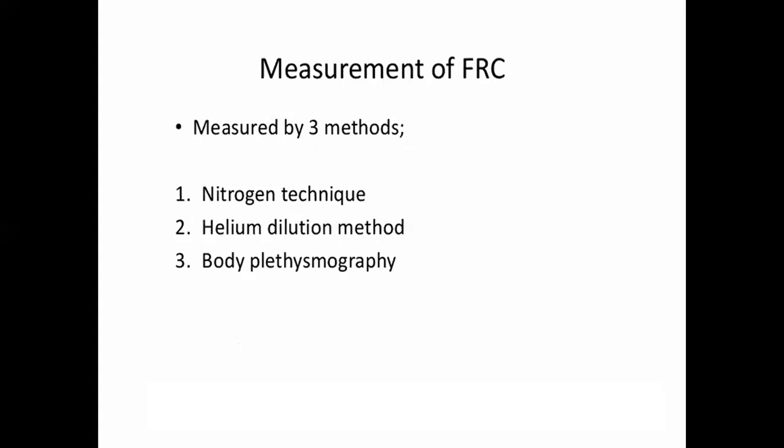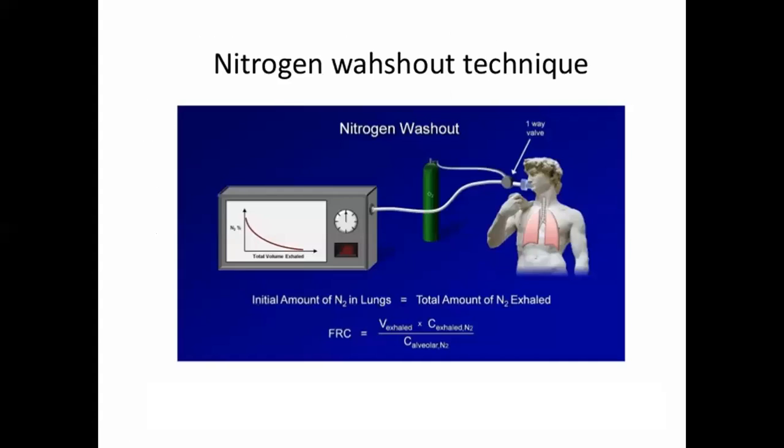The functional residual capacity of the lungs will be measured by using three methods: the nitrogen technique, the helium dilution method, and body plethysmography.